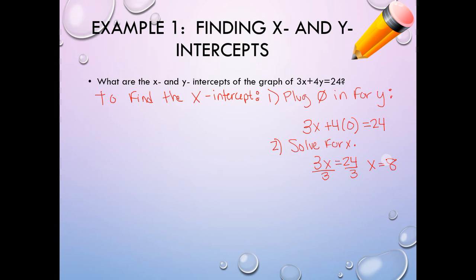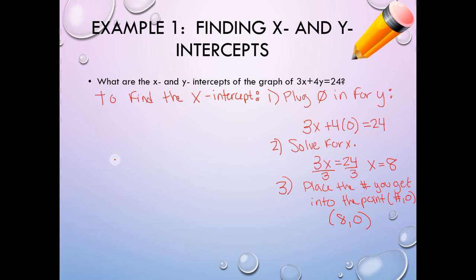Now you're going to want to put it in a point: place the number you get into the point, number comma 0. So I have 8, comma 0. That is our x-intercept, because intercepts are always a point. Please make sure you remember to put it in point format.